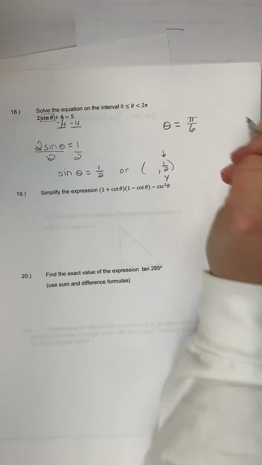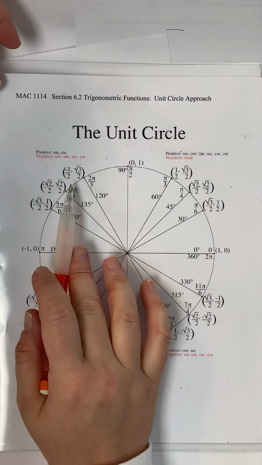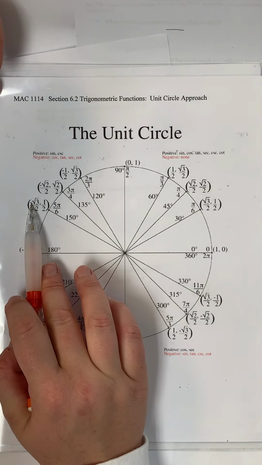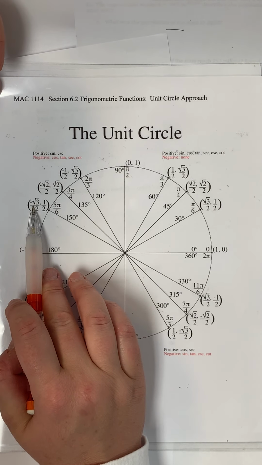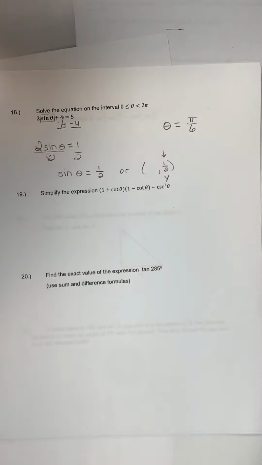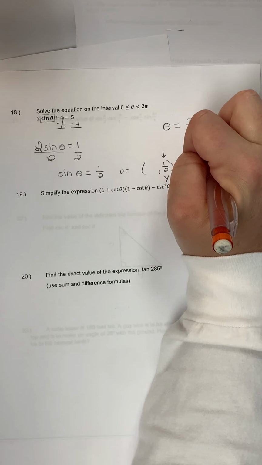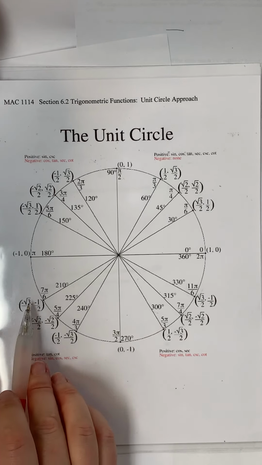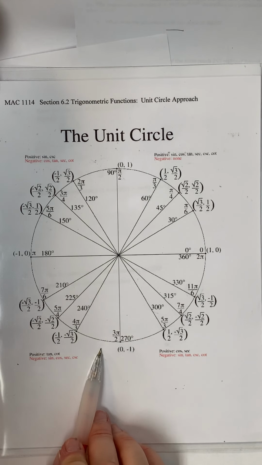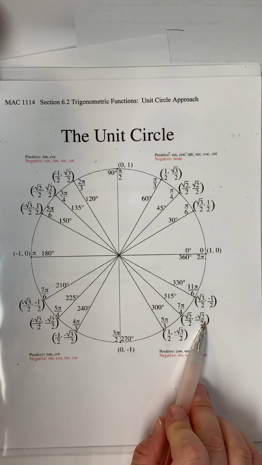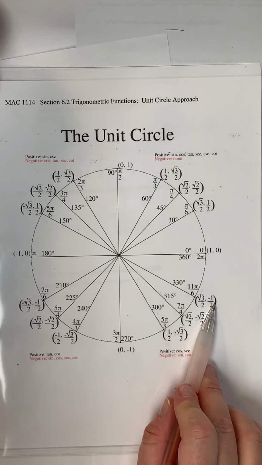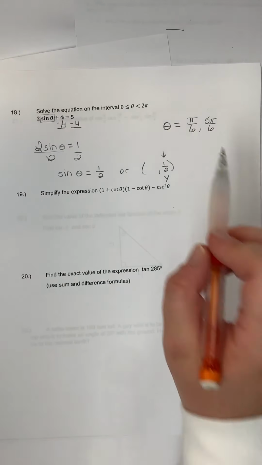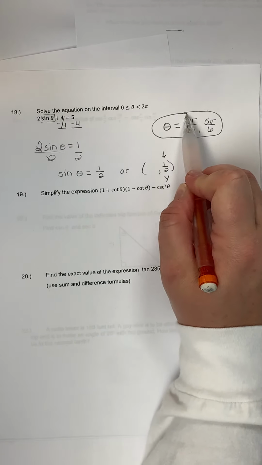And notice I don't even care what x is. I'm just looking for a positive 1/2. Here's a positive 1/2. I don't even care if it's positive or negative or what it is. That's 5 pi over 6. Okay. I do not have a positive 1/2 in quadrant 3, and I do not have a positive 1/2 for sine in quadrant 4. So those are my answers.